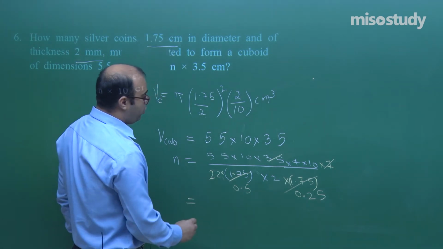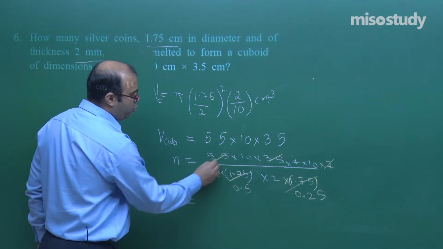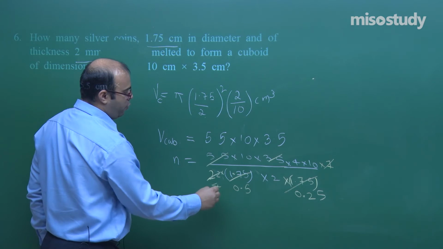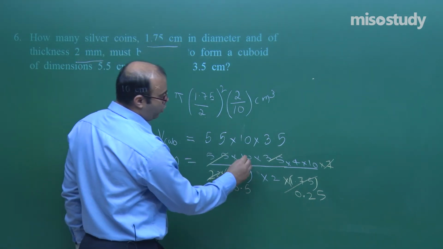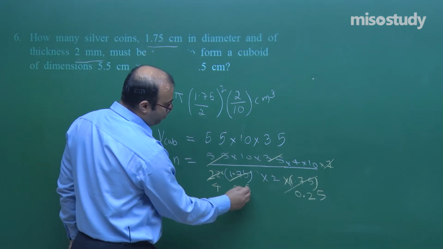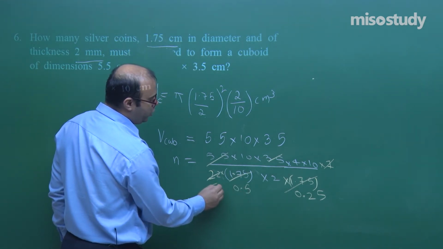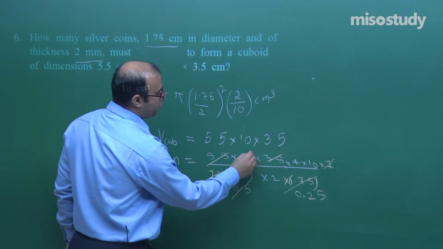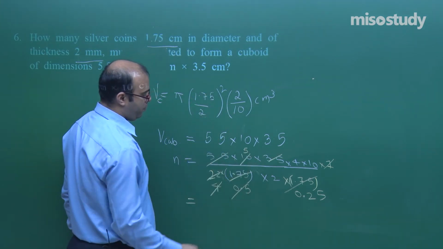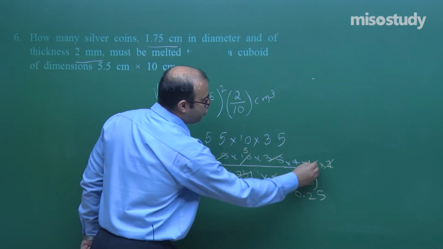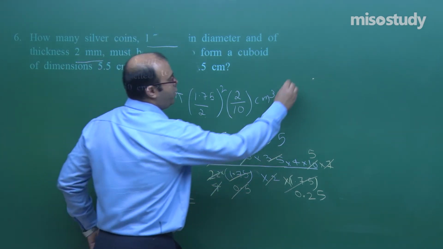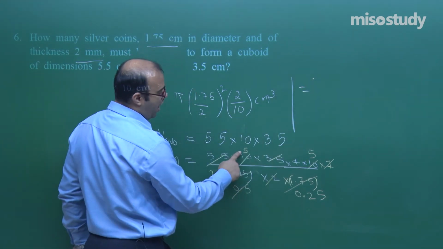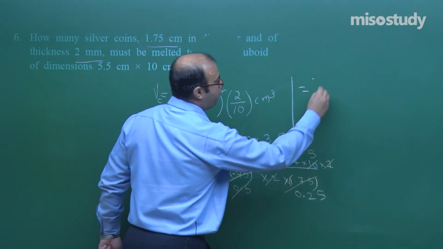Now further we want to calculate 5.5 and 22 is 4 times. 5, 4, 20, 2 carry, 5, 4, 20, 22. So this we get. Now 10, 5 in 0.5 into 4 is actually 2. This is 2, and this 2 will make this as 5. And this 2 will also make this as 5. So let us see what do we get finally. We get 5 into 4 into 5.